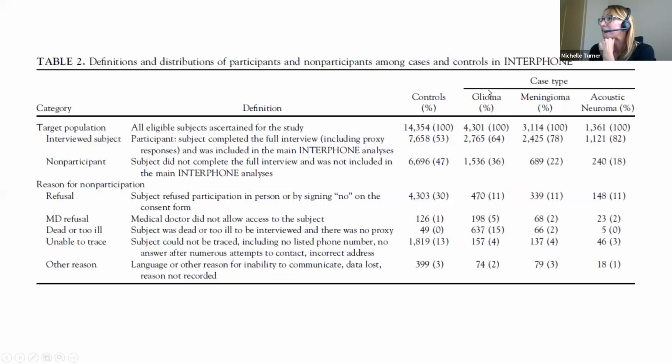And you can see here for the cases, if we look at glioma cases, there were 4,000 cases of glioma that were eligible for participation in the study. 64% agreed and 36% declined to participate. There were different reasons for non-participation here, including in many cases that the subject was maybe too ill or had already died to participate.